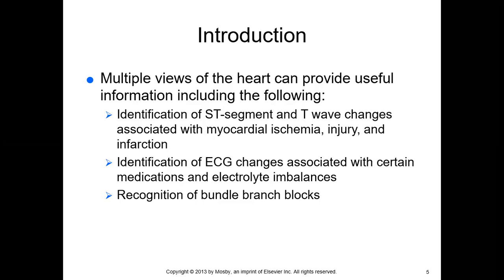Also, you can identify the ECG changes associated with different medications or electrolyte imbalances like potassium and magnesium. When those are out of control, the strips change, and this is how you're going to learn what exactly those lines mean. You're going to be able to recognize a bundle branch block as well.